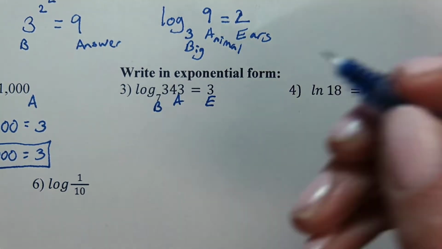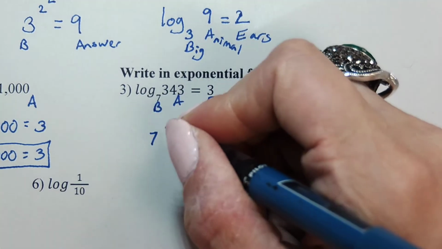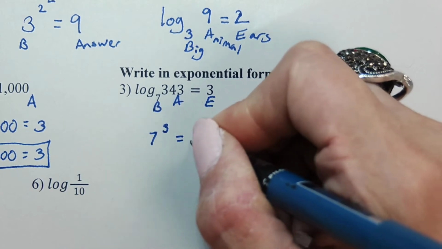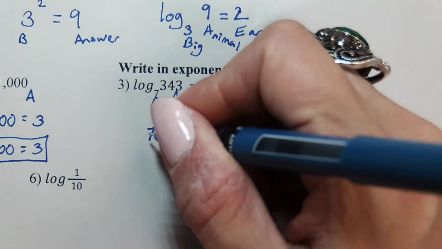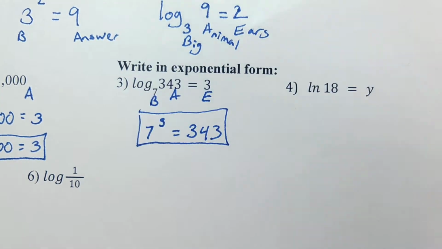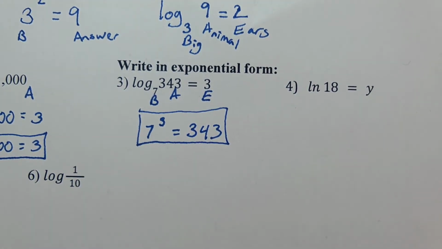So then my base is 7, my exponent is 3, and my answer is 343. And does that make mathematical sense? Yeah, if you looked on your perfect cube sheet, you would see that 7 cubed is indeed 343. So we wouldn't give you one like 7 to the 343 equals 3. If you rearrange it that way, that would indicate that you have rewritten it in a false manner.